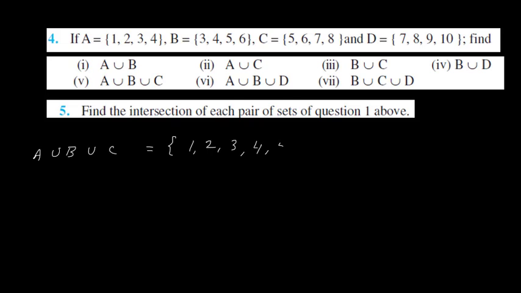I will write 5, 6, and in C I see that 5, 6 is repeating, so I will not write that and I will write 7, 8. This is A union B union C.